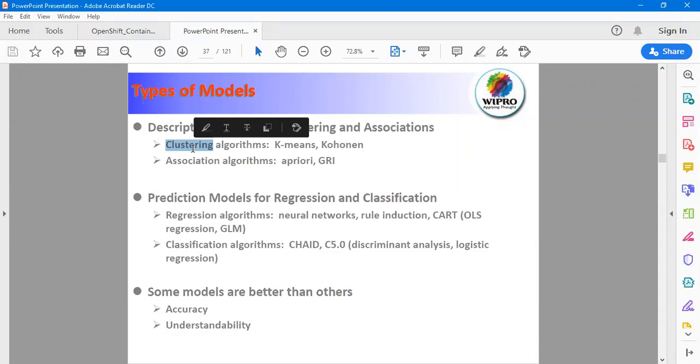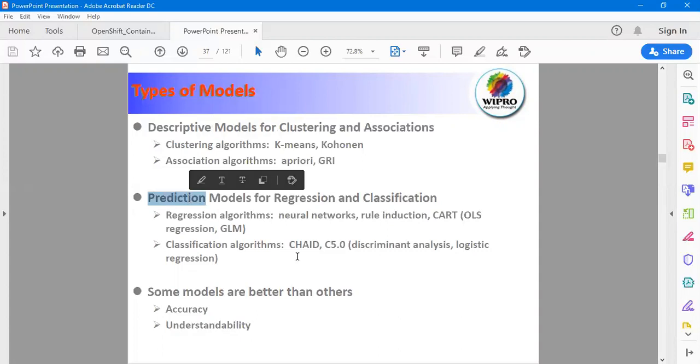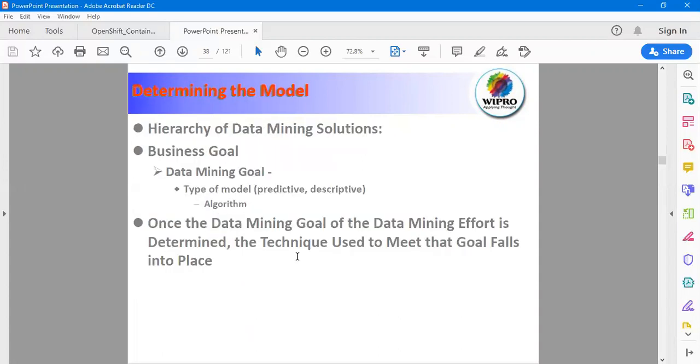And when you try to identify the patterns, then definitely you will use the predictive model, because you are trying to predict. The more data you have, the better accuracy the predictive model has, and the more patterns you identify, the more understandability increases, and you can have a better machine learning application.